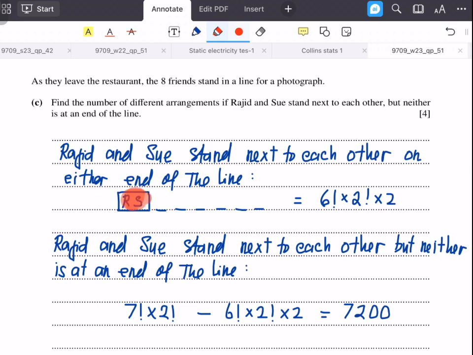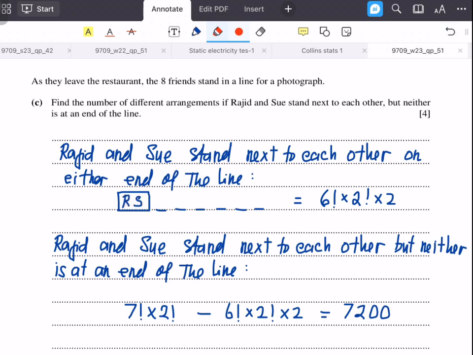So this is 1 and 6 other friends. So the total is 7. So 7 factorial is the number of arrangements for these 7 components. And then again we multiply by 2 factorial for the number of arrangements between Rajit and Sue.